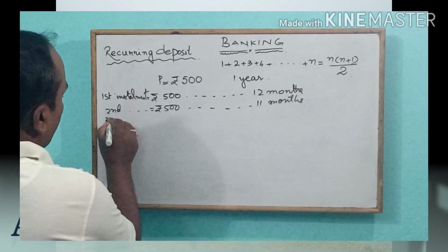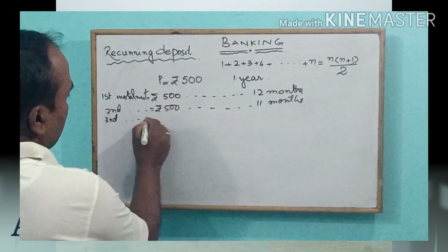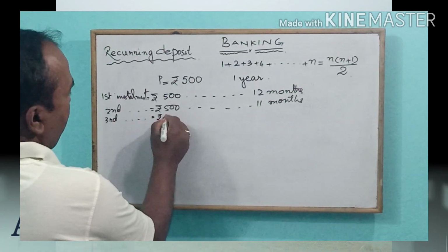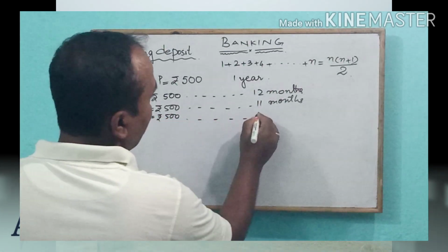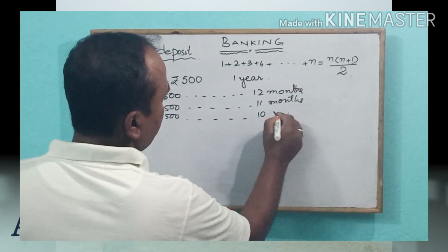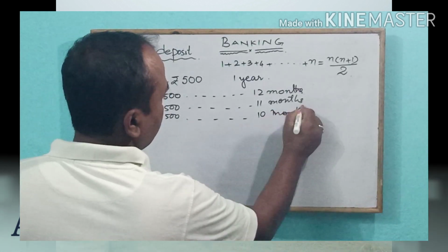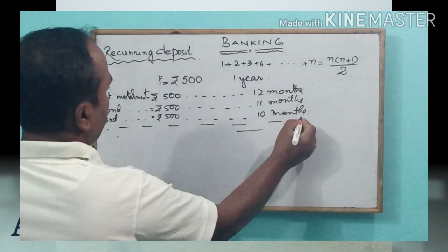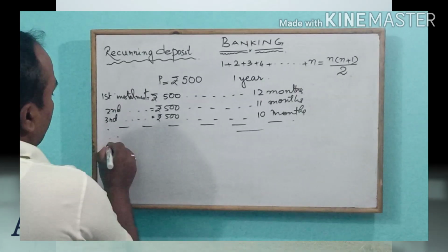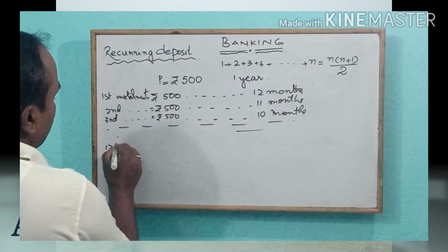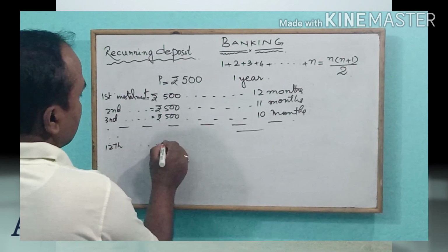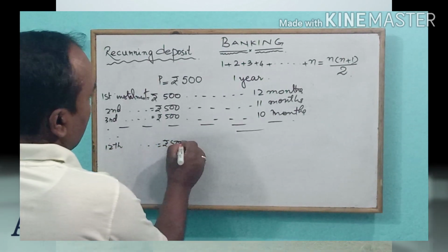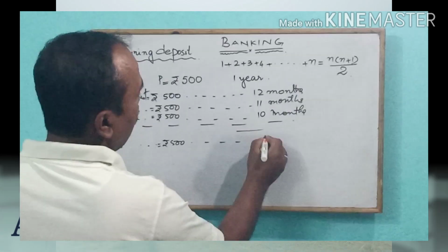Similarly, the third installment which he pays for the third month, that is also for 10 months. And so on till he pays the last installment, that is the 12th installment, that is rupees 500 for 1 month.